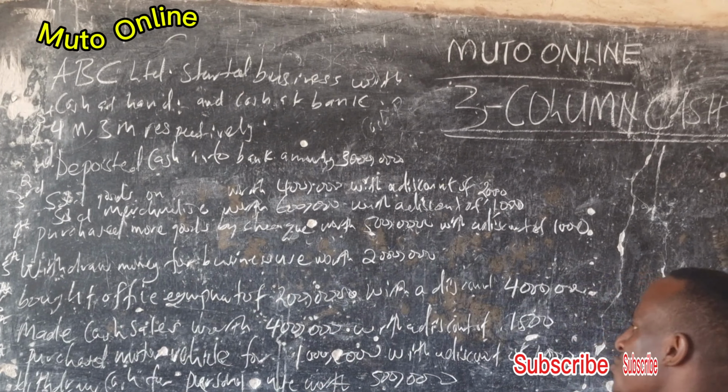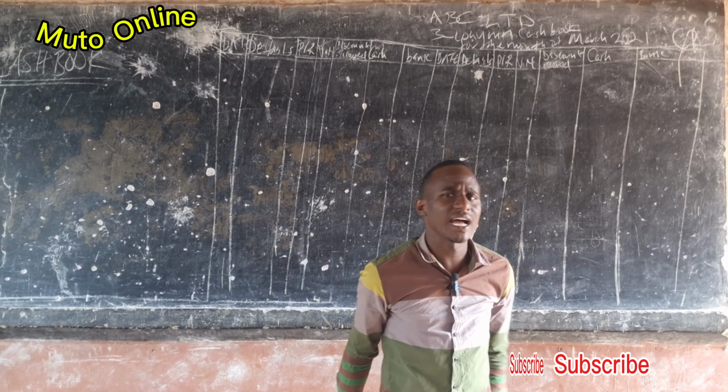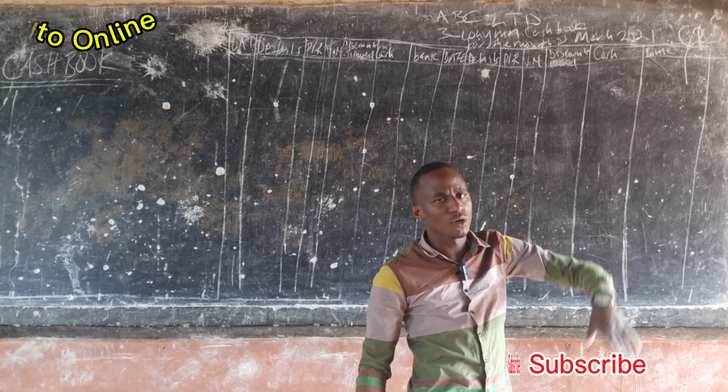I told you, unlike the other cash books, a 3-column cash book has a discount allowed and a discount received. Why is the discount allowed on the debit side and the discount received on the credit side?